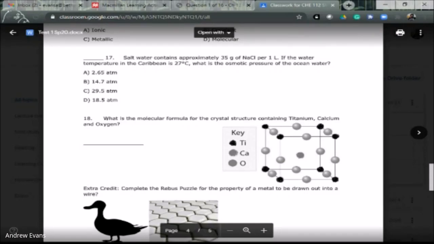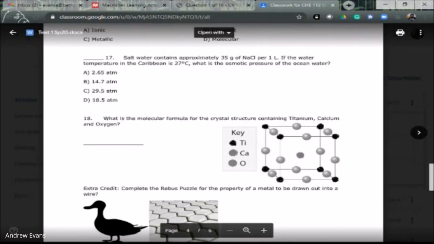Looking at this cube, each edge is 1/4 of the cube. So each set of 4 edges adds up to 1 oxygen. Since there are 3 sets of edges, the top set, the bottom set, the middle set, that means there are 3 oxygens.